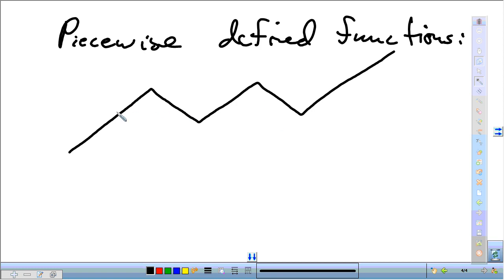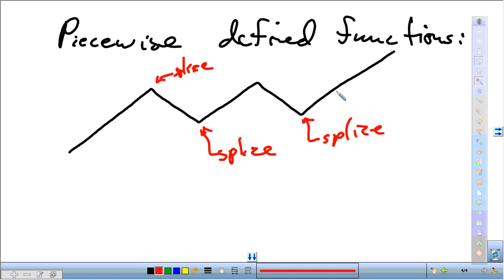So in between the splicing, we should be able to just evaluate the function. To look at continuity at the splice from the definition, we'll have to investigate those further.